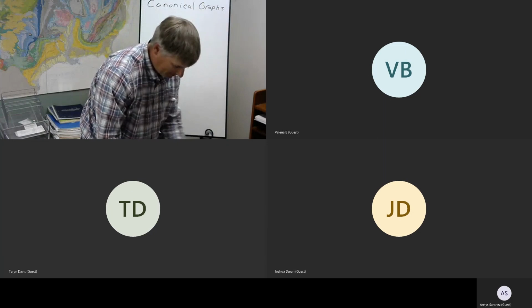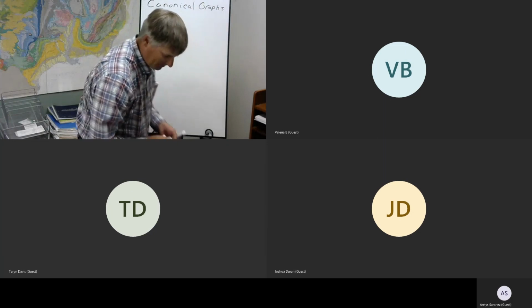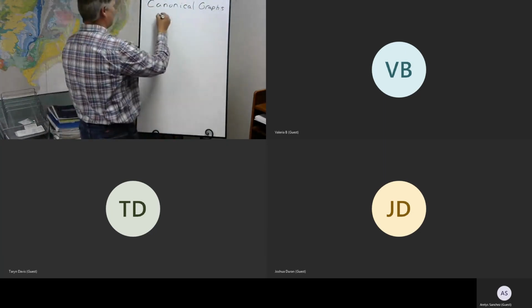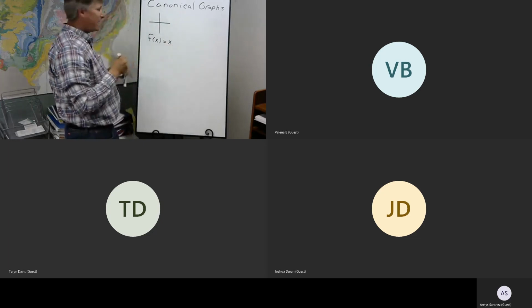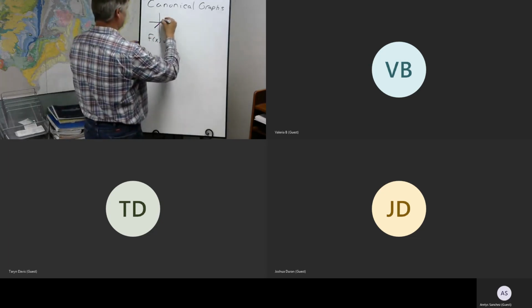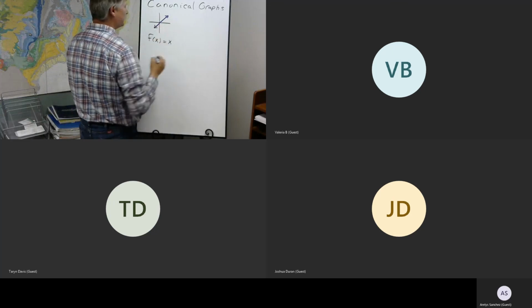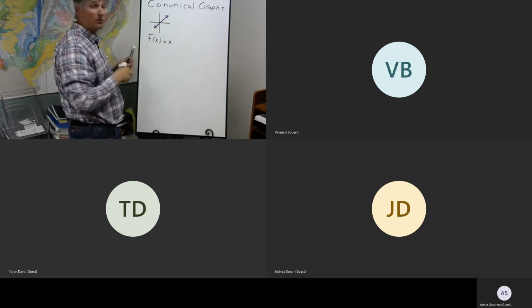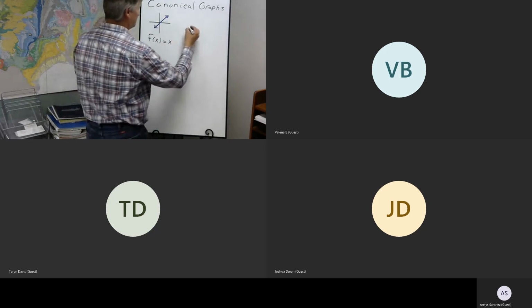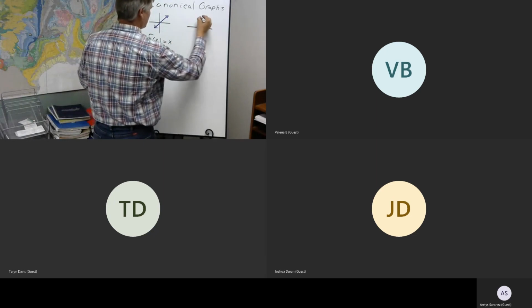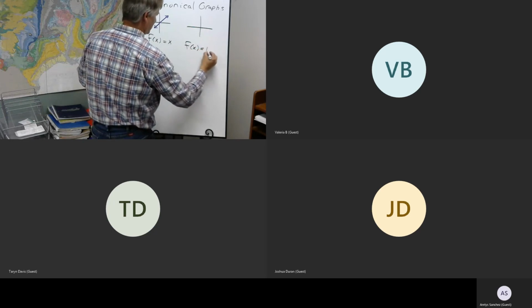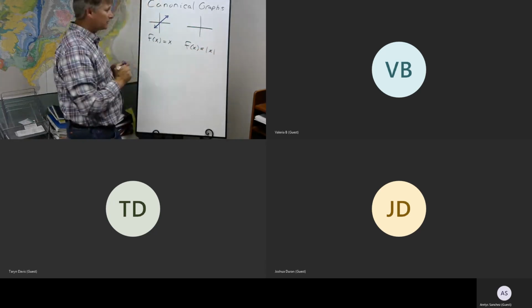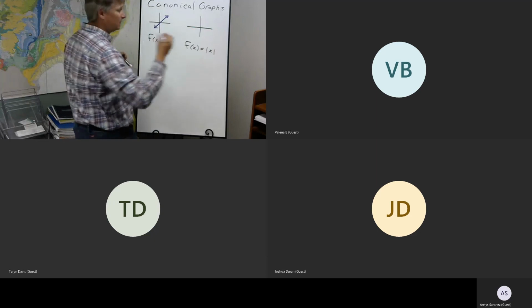One: f of x equals x. It's a line that looks like this. We're going to study this more in a little bit. If we take the absolute value of x, we get something that looks like this.